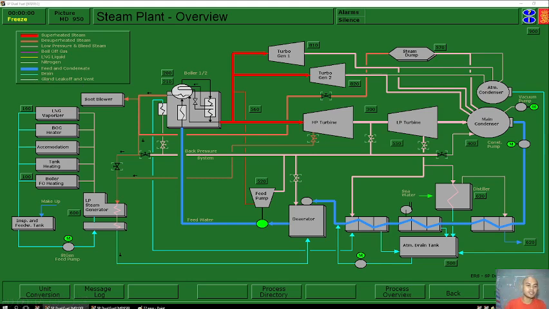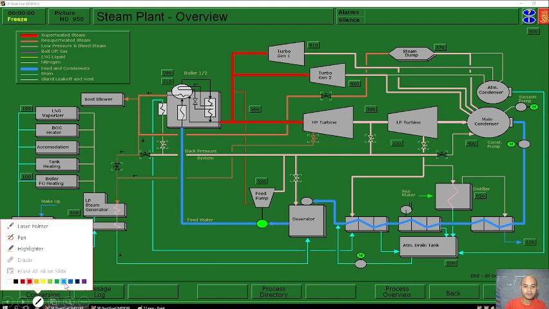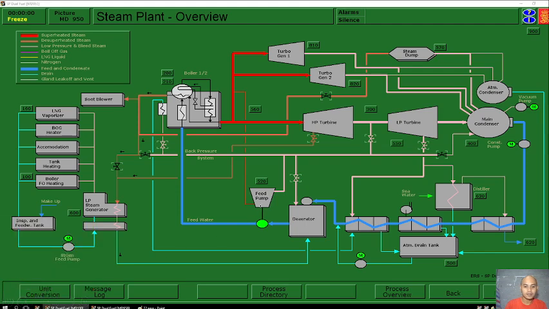Okay, so let's start with our feed pump. Maybe it's better if we draw in black. Here we have the feed pump, the green one.